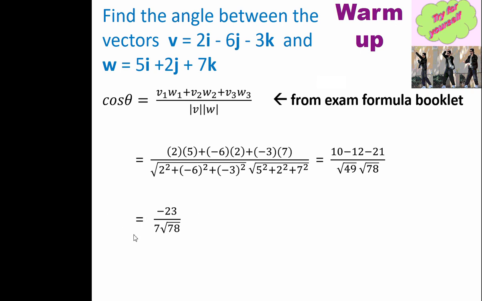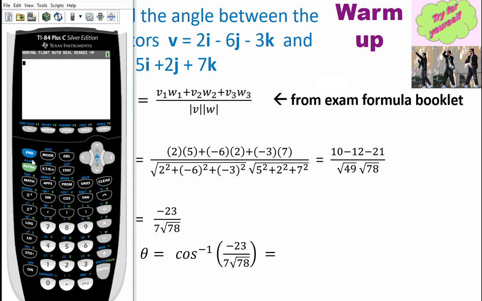But we need to work out what theta equals. So of course you would do cos minus 1 of this. Grab your calculators to practice doing that. Check your mode. Are you in degrees or radians? Yes, you're in degrees. Fab. Then go second cos to make cos minus 1. Putting in -23 over 7 root 78.